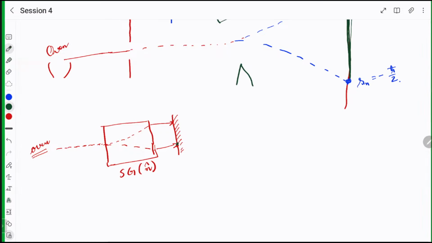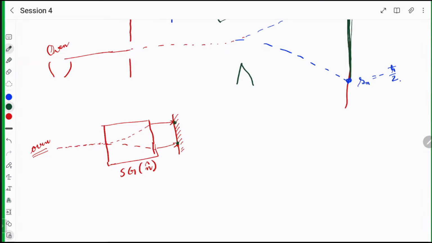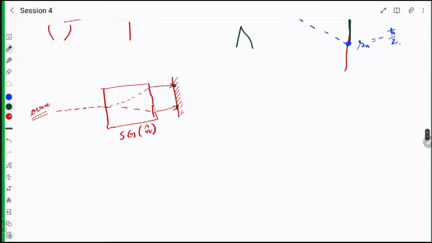The measurement happens only when we put the screen. This is very important. If we do not put the screen, we wouldn't understand where the electrons are going. Putting the screen amounts to measuring the n-th component of the angular momentum.